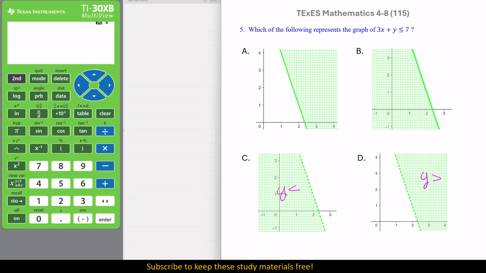Regardless, all your y values are greater than the line in D, and over here with C, all of the values of y are less than your line. And it's really not even a solid line, it's a dotted line. So it's more like a boundary. So we're not dealing with a boundary. We are dealing with an equality also, which means we have a solid line.